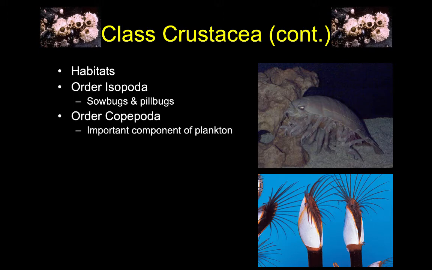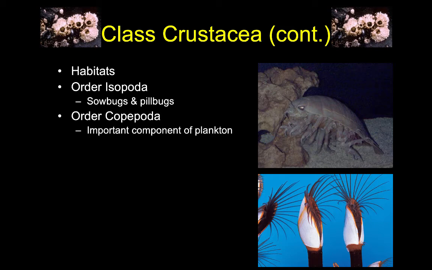The order Copepoda is the one that includes the water fleas and Daphnia and a few other things, very, very important parts of the plankton part of the aquatic food chain. So if you're not familiar, in the aquatic system, just like on land, everything starts off with the producers, so things that are photosynthetic make up the base of the food chain. And in the aquatic setting, this next group, the copepods, a lot of the times are the second link in the food chain.